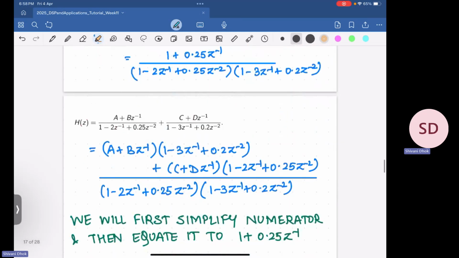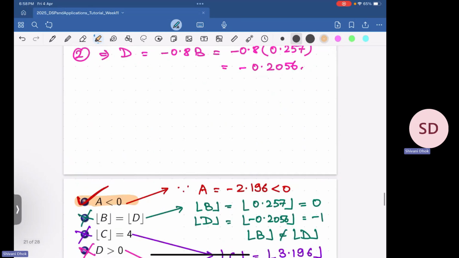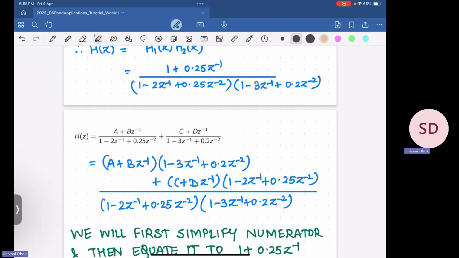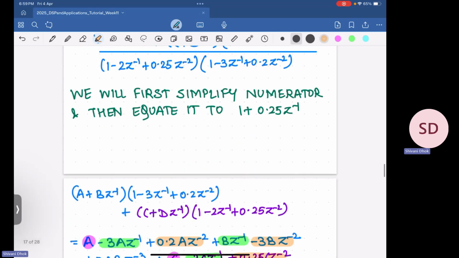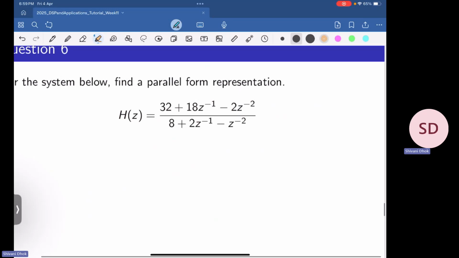You can also try to do partial fractions and then get to this equation and then directly find A and B. Okay. If there are no questions, then let me move on to the 6th question then.